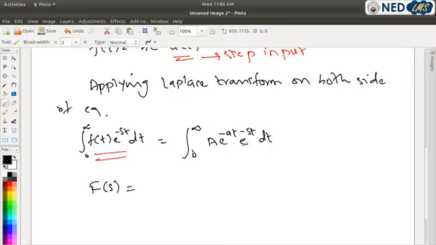So this e and this e are multiplying, so their powers will get added. So from 0 to infinity, taking a outside of the integral, e to the minus s plus a t dt.